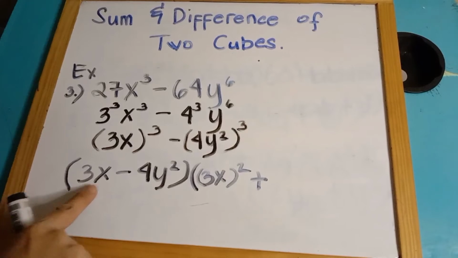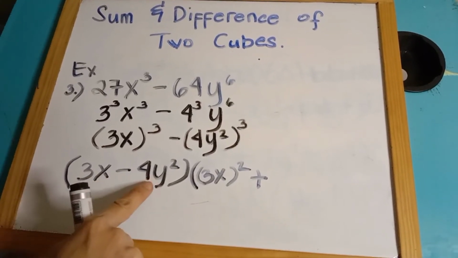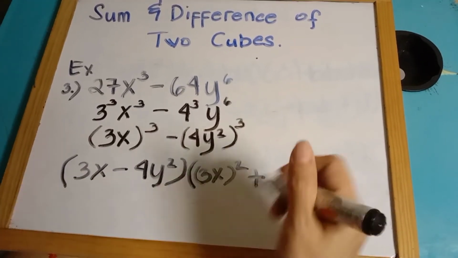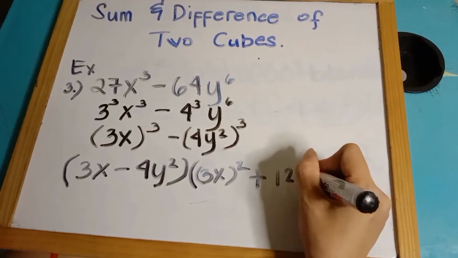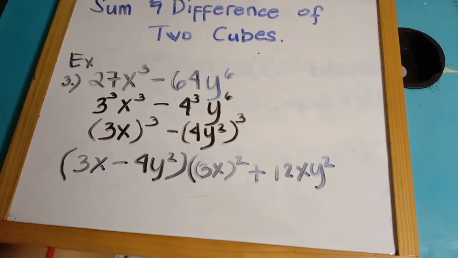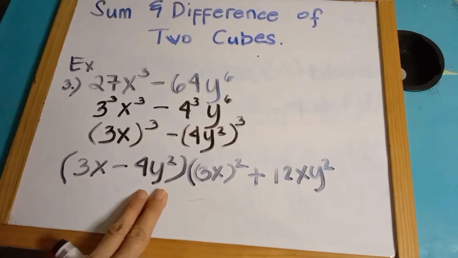product of the first and last term. So, 3x times 4y squared is 3 times 4 is 12 x y squared. And then next, we have the squared of the last term.